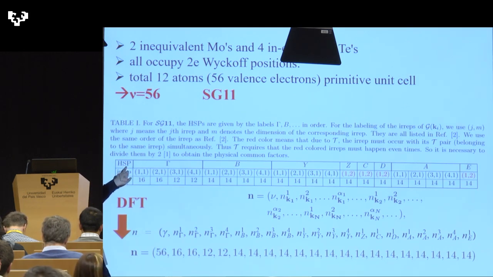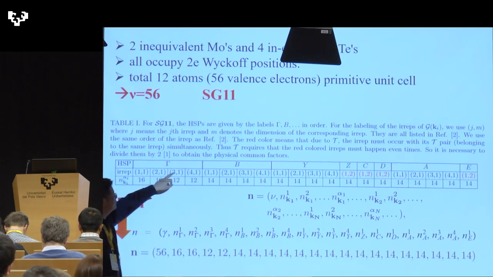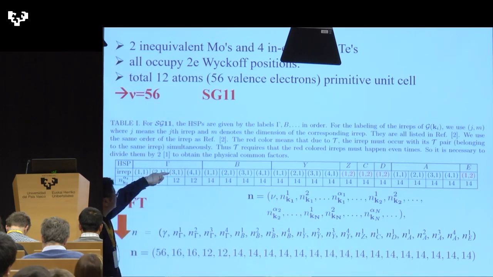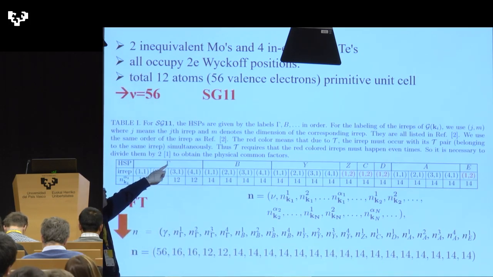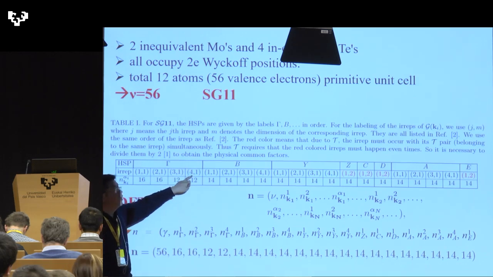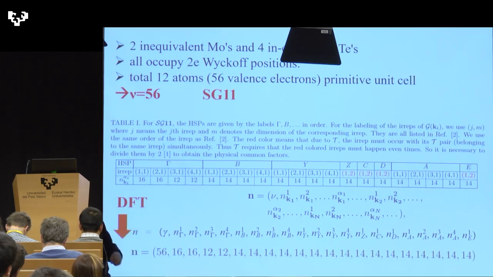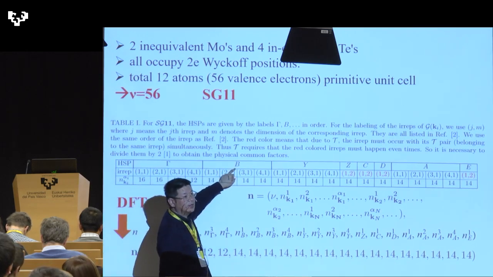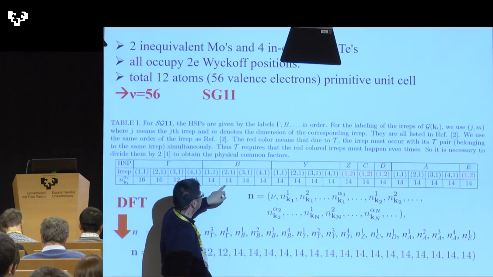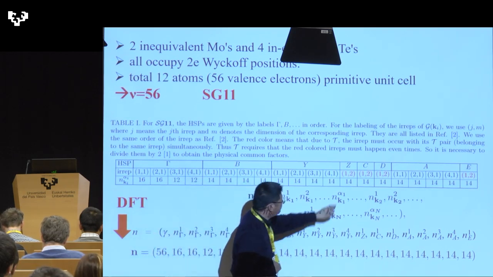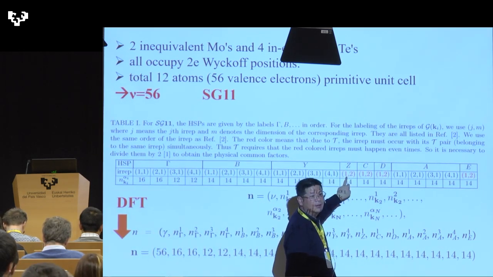There are 8 high symmetry points: the gamma point, B point, Y point, and the TRIM points. In this second line we show that at the gamma point, the little group has 4 representations, and the numbers 1, 1, 1, 1 mean all four are one-dimensional representations. The B point also has 4 one-dimensional representations. And the J point has only 1 representation.